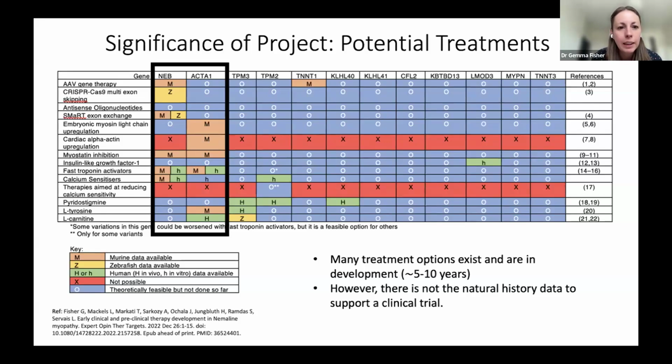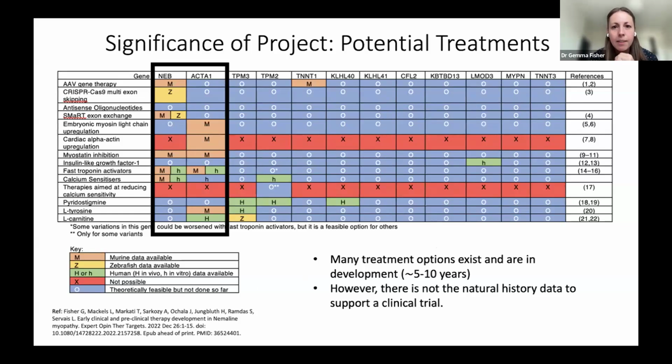The orange, yellow, and green coloured bits of the table show where the data has been tried in mice, fish, or in human muscle in a test tube, and some of the vitamins have been tried in human people in real life, but most of it is in the lab stages of development.